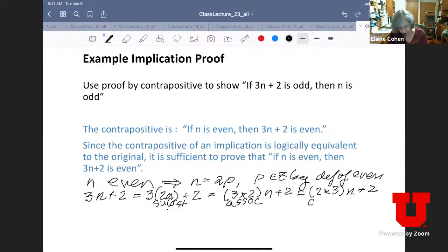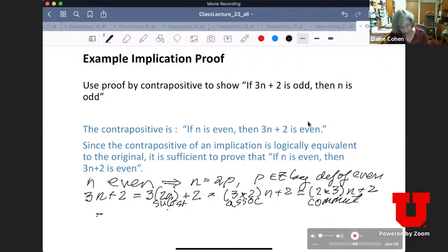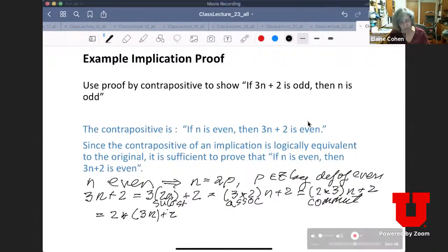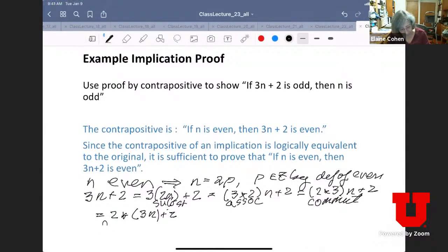That's commutative. What's that equal to? That's equal to 2 times 3p + 2. What's that again? That's associative again. And that's equal to 2 times 3p + 1. What is that? That's distributive.